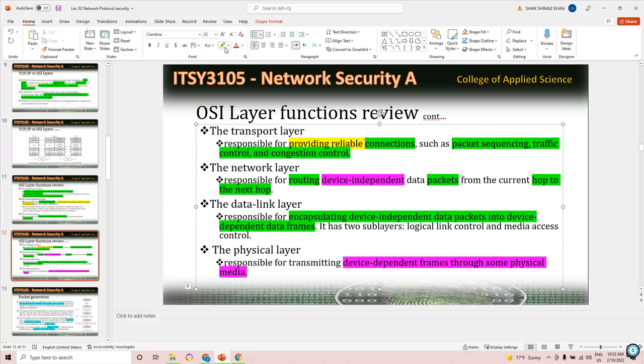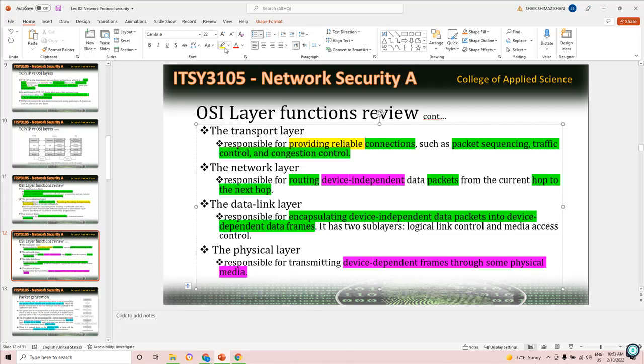Be specific, students, very important: providing reliable connection, packet sequencing, traffic control, and congestion control. These are the functions of the transport layer. In the transport layer, there are two important protocols: one is TCP, another one is UDP.